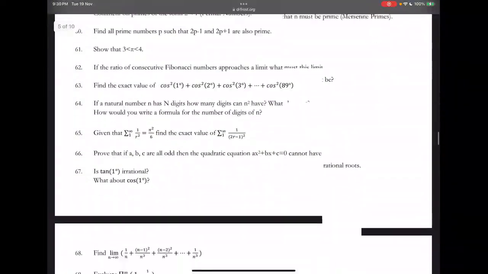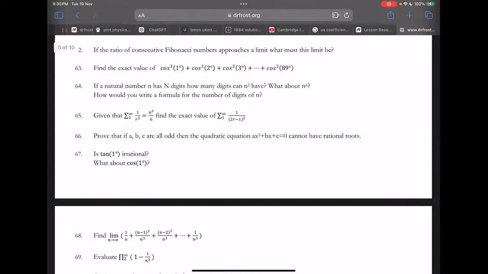Alright, let's pick a random one. 67 looks kind of mean.